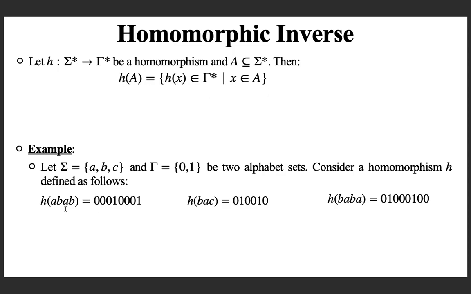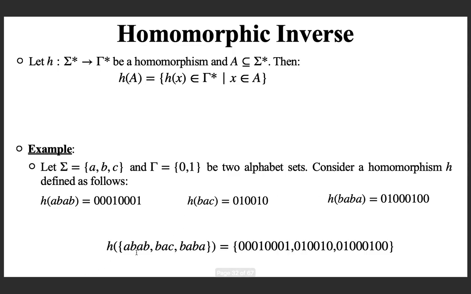That's it. For example, if you have the homomorphic image of AB as this, BAC as this, and BA as this, then the homomorphic image of the set of these three strings, for example capital A, is the union of these three images.